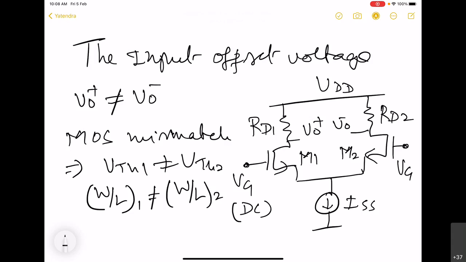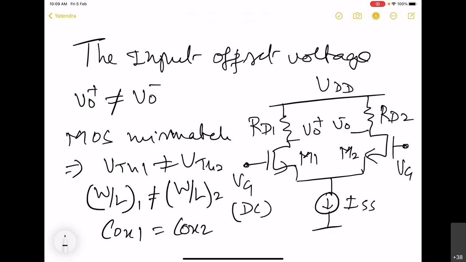So this is the meaning of distinction between these two. We will assume that COX for both the MOS, they are same. And mu n is of course going to be same because both are of n type. So what happens is that if we have these mismatches, then the output voltages are not going to be same.